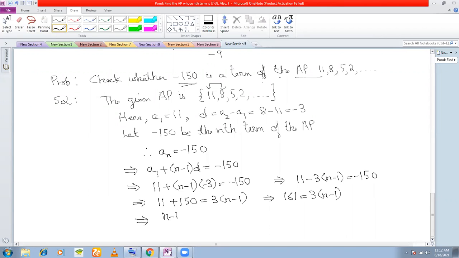So you get n minus 1 is equal to 161 divided by 3, right? That means what is the value of n you are getting here? 161 divided by 3 plus 1. Now, is this a natural number? 161 divided by 3, which is not a natural number.